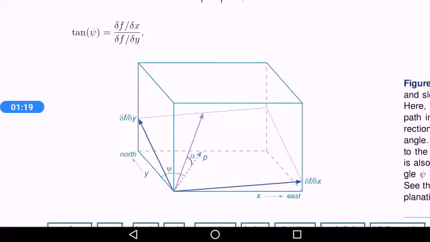So in this figure you can see that omega is the angle which is made from the north direction to the path P. This is the slope aspect, whereas the slope angle is alpha, which is made by the slope on the path P.